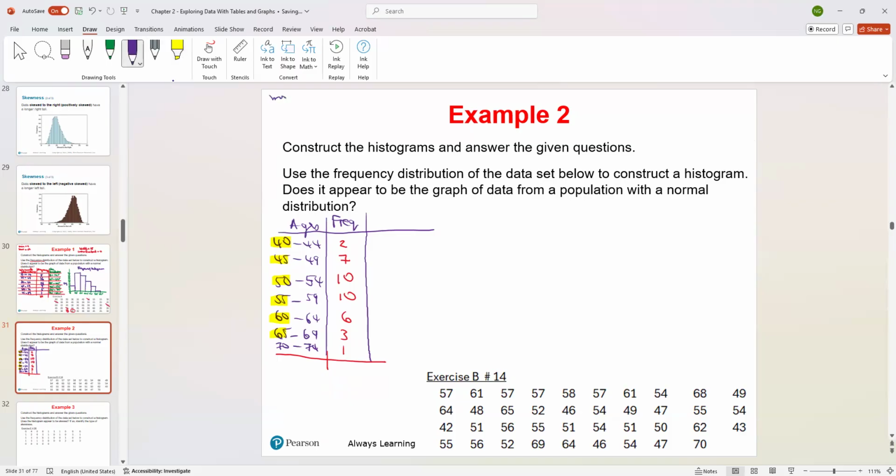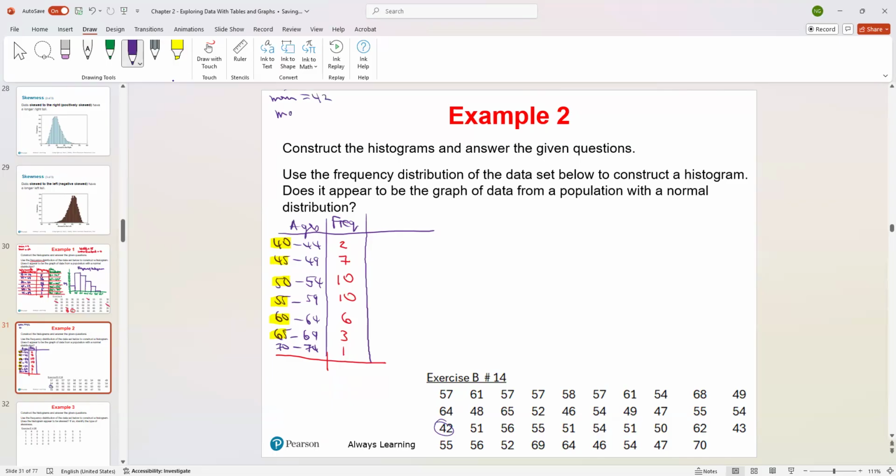The minimum in that data set was, I believe, 42, right? And the maximum of that data set was 70, right? And they told us to use the width from the previous exercise, of course. They asked us to use the width of 5.